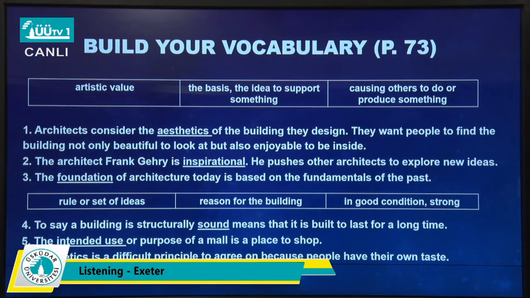The first one: architects consider the aesthetics of the building they design. They want people to find the building not only beautiful to look at, but also enjoyable to be inside. And of course, aesthetics means artistic value.